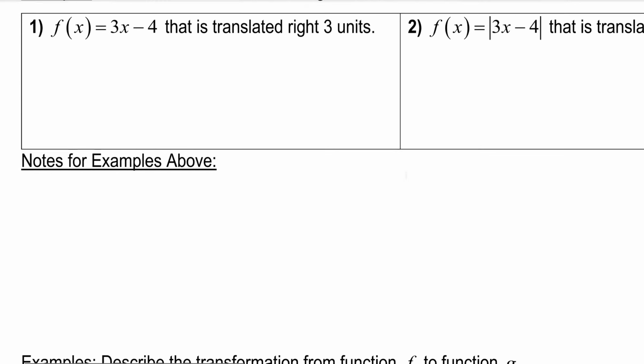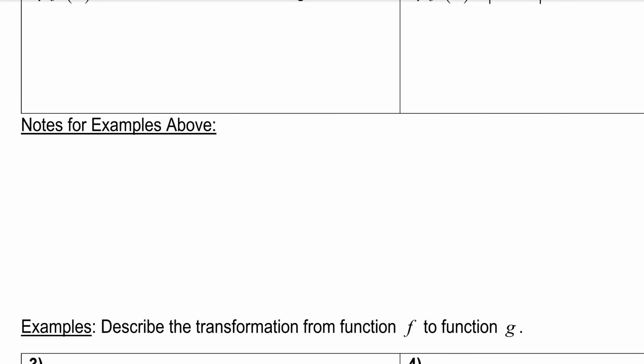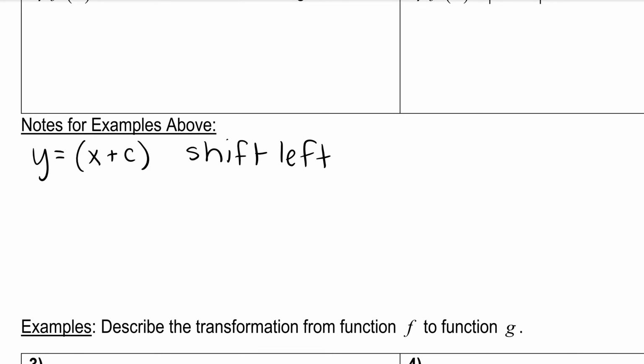Before we get into the questions, we'll go ahead and write some notes. If I have y equals, in parentheses, x plus some number, I'm going to shift to the left. So if I want to go left, I add inside the parentheses.